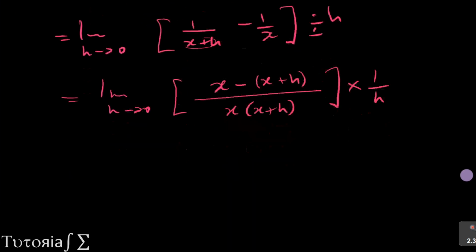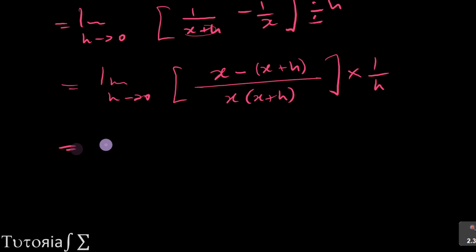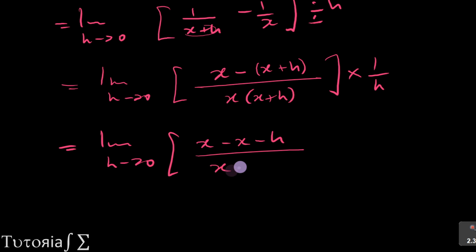So now after doing that, we can further simplify. So this is the limit as h approaches 0 of, we distribute, this will be x minus x plus h, all over x squared plus xh, then times 1 over h.